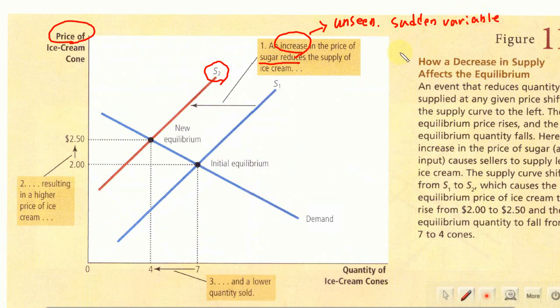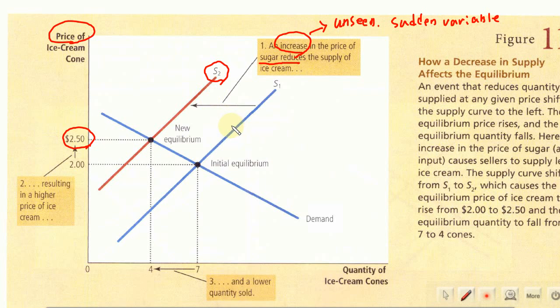Okay, this is a sudden variable, and because of the increase of material, the sugar ice cream cone company cannot resist. Okay, so they increase the price by 50%. Then according to traditional economic theory, once the price goes up, supply goes up, because as the price goes up they can make more money.